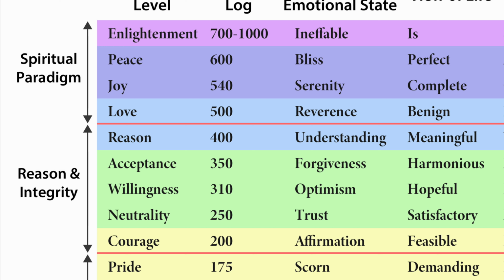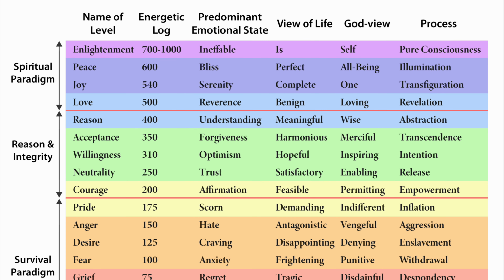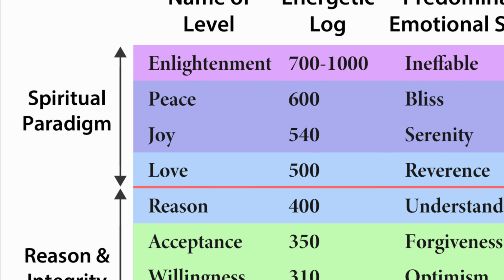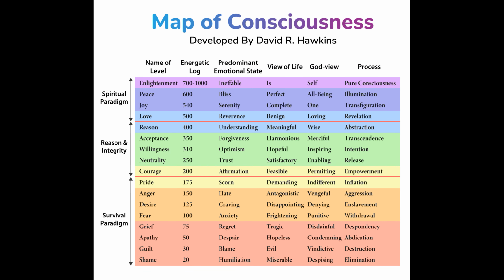You have the integrity and the reasonable side, and we have the spiritual side, the paradigm shift that we are working on. He explains that when we practice being in unconditional love, which is 500, we can have an effect on 600 people that right now live in fear, which means live in survival mode.